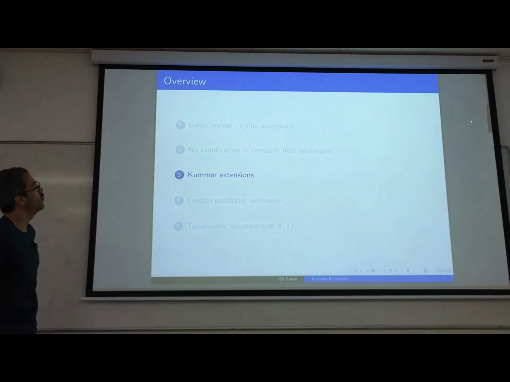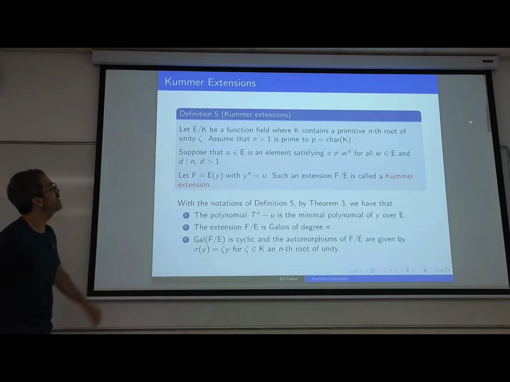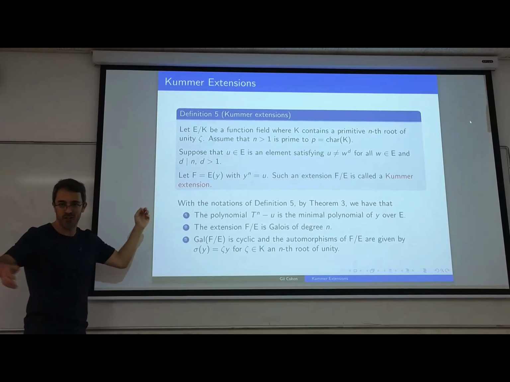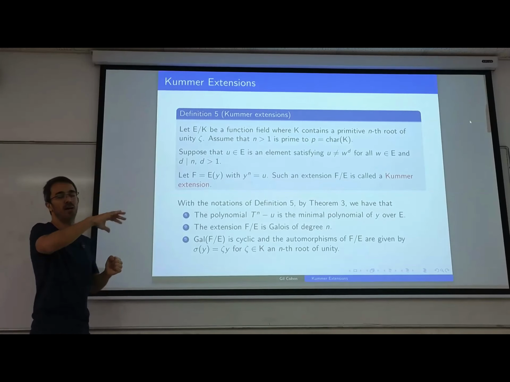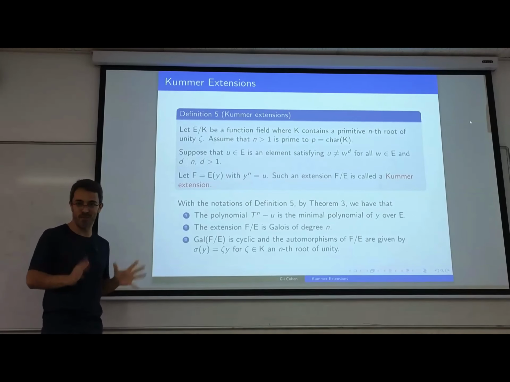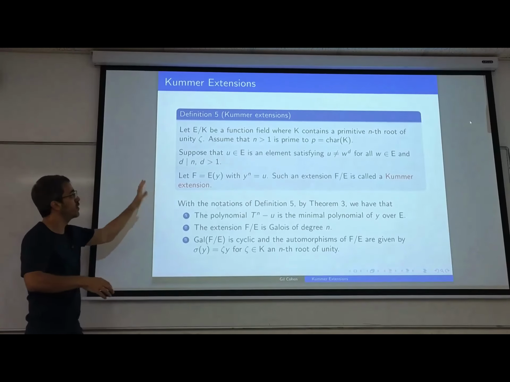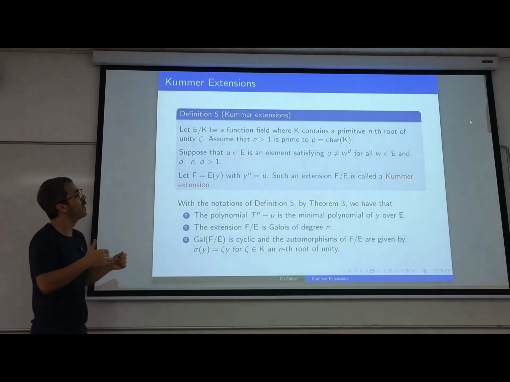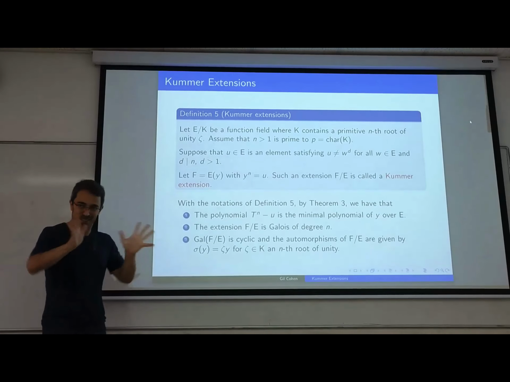Okay, so now we can talk about Kummer extensions. So what is a Kummer extension? Essentially, this is more or less saying all cyclic extensions for which the extension degree is co-prime to the characteristic. It's a very natural question to ask. Here I'm going to talk about function fields, but generally speaking, a Kummer extension is just all cyclic extensions, but it's not quite true.